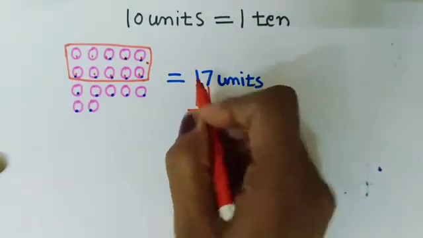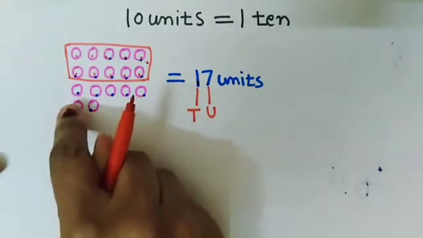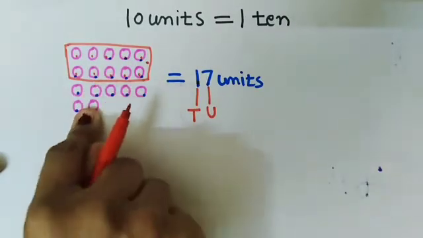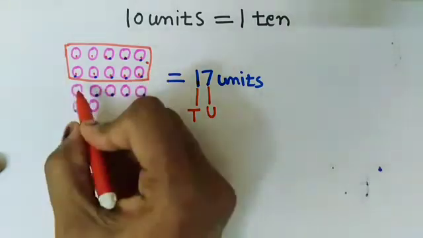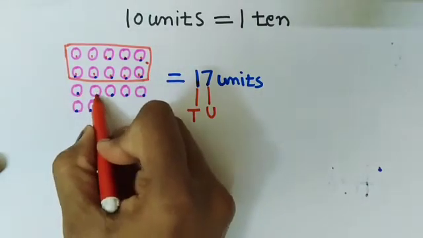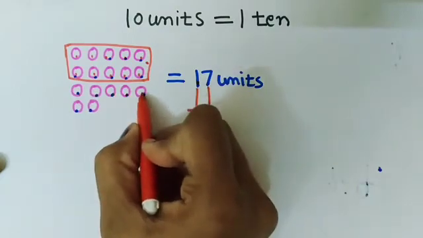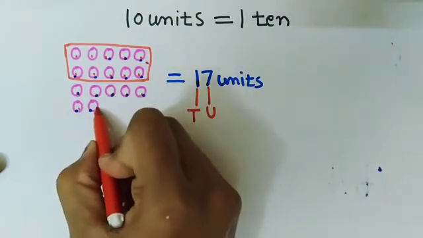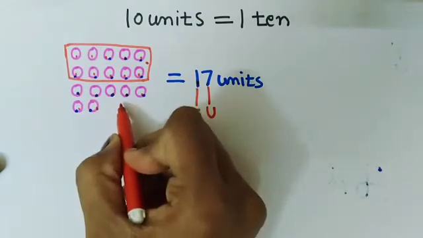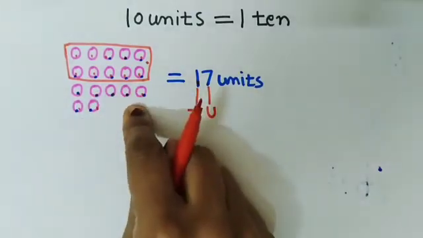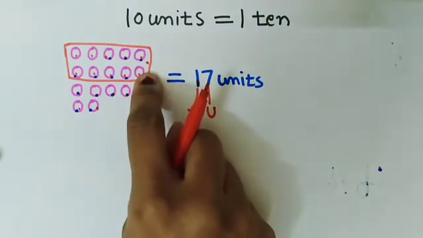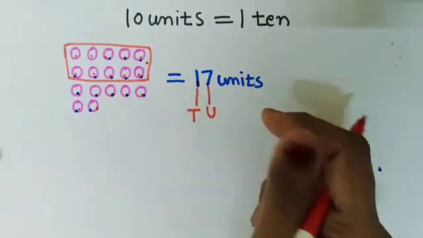Can you tell me, children, can we take out one more 10 from the leftover beads? Let's count. 1, 2, 3, 4, 5, 6, 7. Children, we don't have 10 beads here, so we can't make one more 10 from these 17 beads.